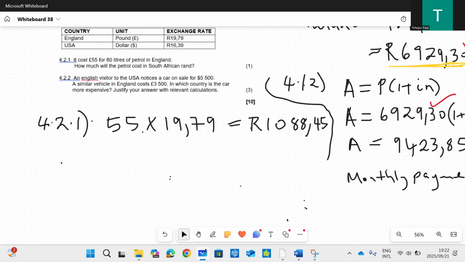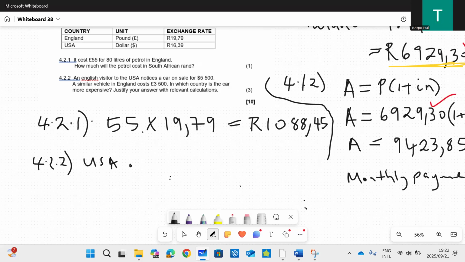To answer this question, we will check 4.2.2. Start with USA. USA, we are going to convert 5,500 to rands. So all we have to do now, $1 is equivalent to how much? 16 rand 39 cents.